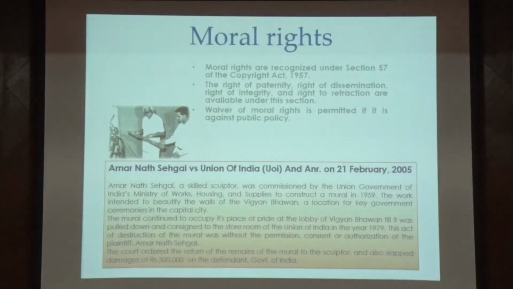There is a very important and interesting, and very old, case: Amarnath Sehgal's case against the government of India. It was the time when Pandit Jawaharlal Nehru was our prime minister. He built a mural for the government of India, for Vigyan Bhavan.